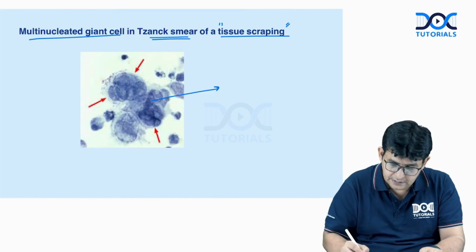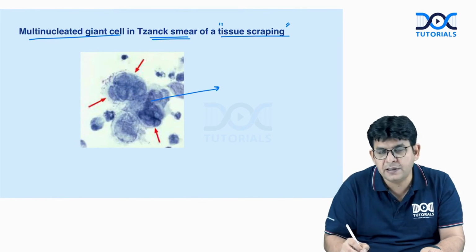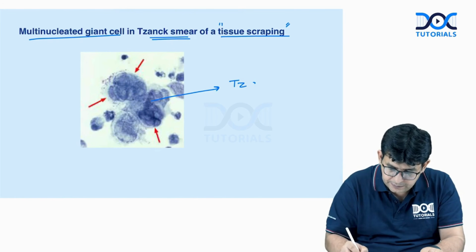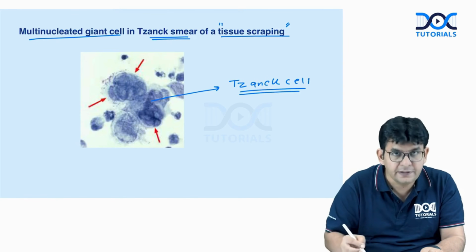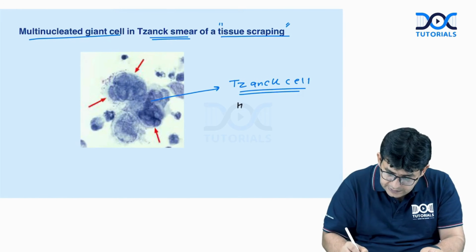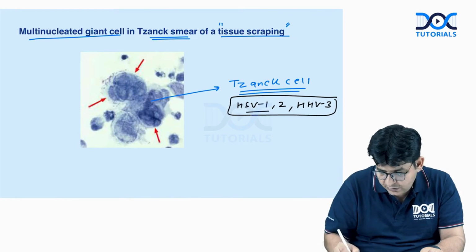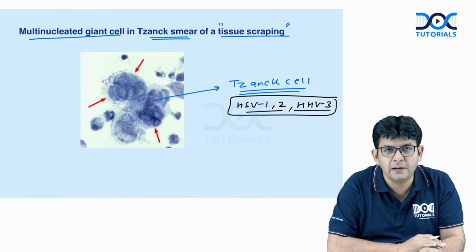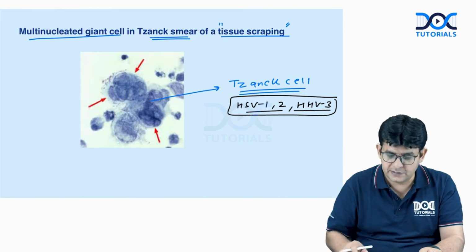This multinucleated giant cell formation, also termed the Tzanck cell, is helpful to identify HSV1, 2 and HHV3. All these three infections are diagnosed with the help of this Tzanck smear.